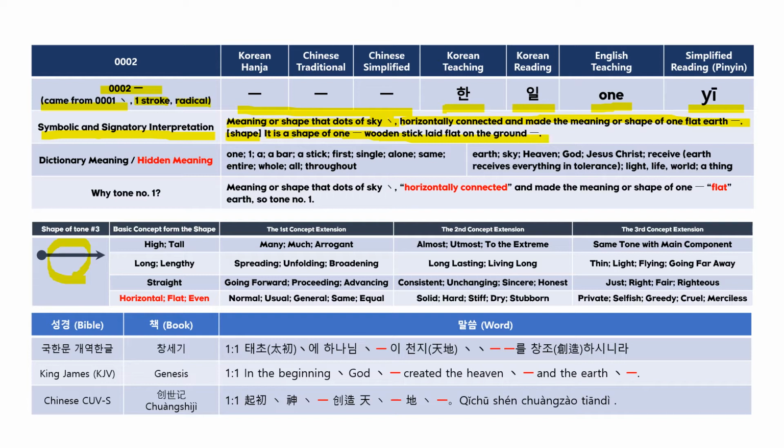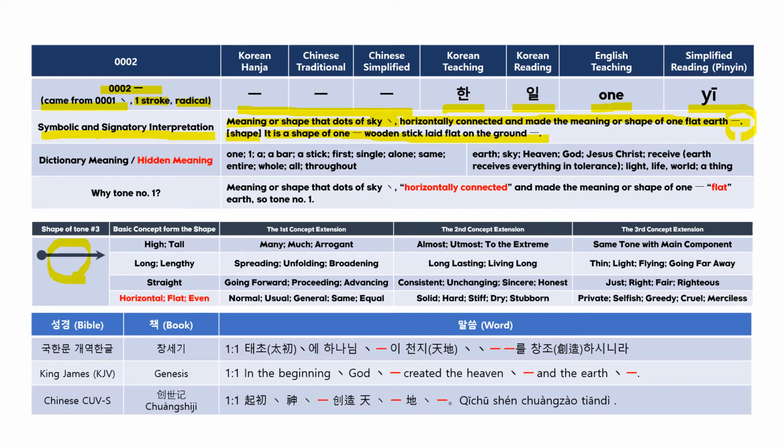I'd like to interpret it as the meaning or shape that dots of sky, please remember the hidden meaning, horizontally connected and made the meaning or shape of one flat earth.